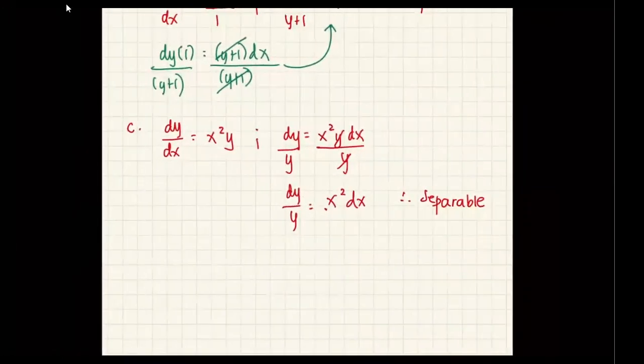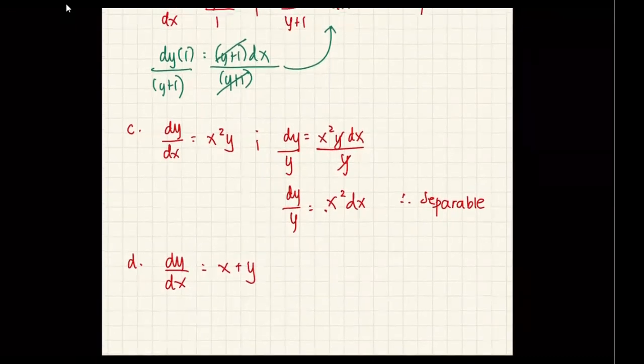Next example. So, let's try halimbawa dy over dx is equals to x plus y. Separable o hindi? So, pag tinry mong i-cross multiply, may siyang dy is equals to x plus y dx. Okay?